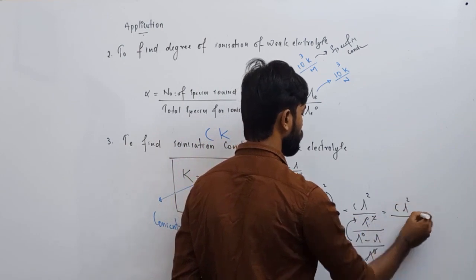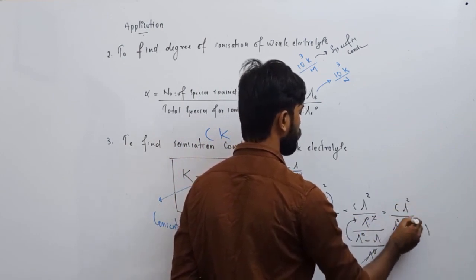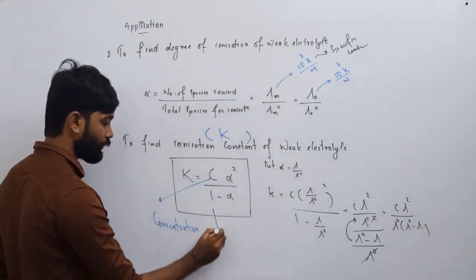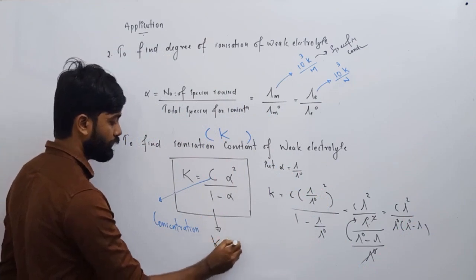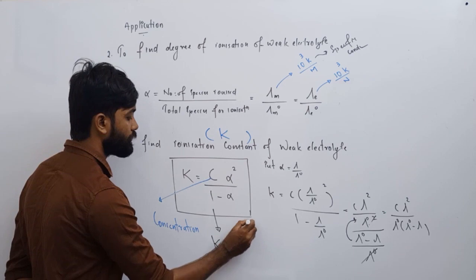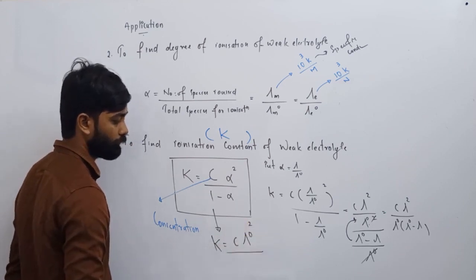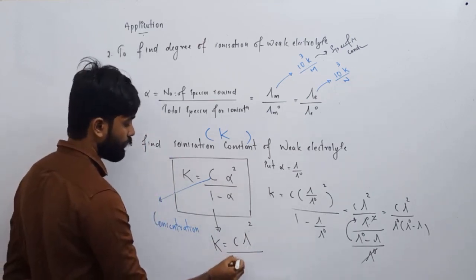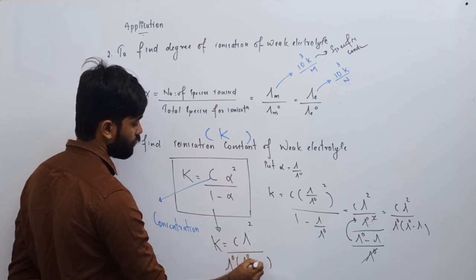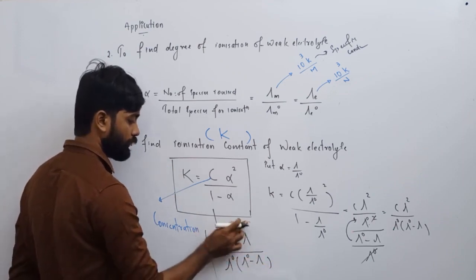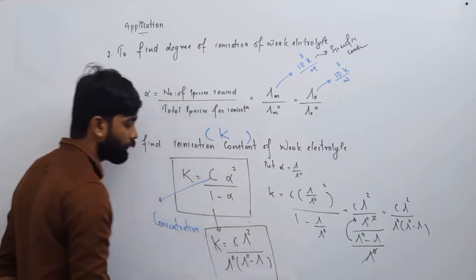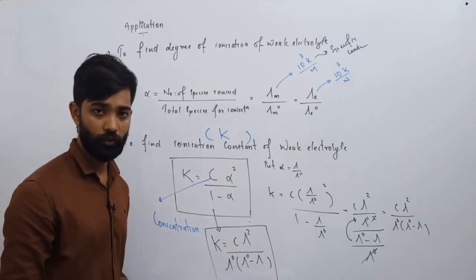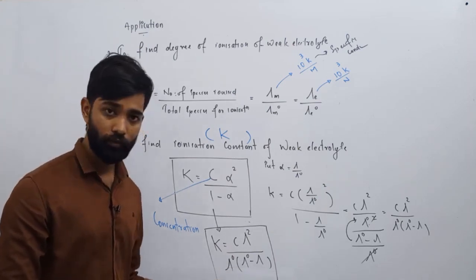So K will be C lambda square divided by lambda 0 of (lambda 0 minus lambda). And this is important. If it is in terms of molar conductivity, K is C lambda m square divided by lambda m0 of (lambda m0 minus lambda m).